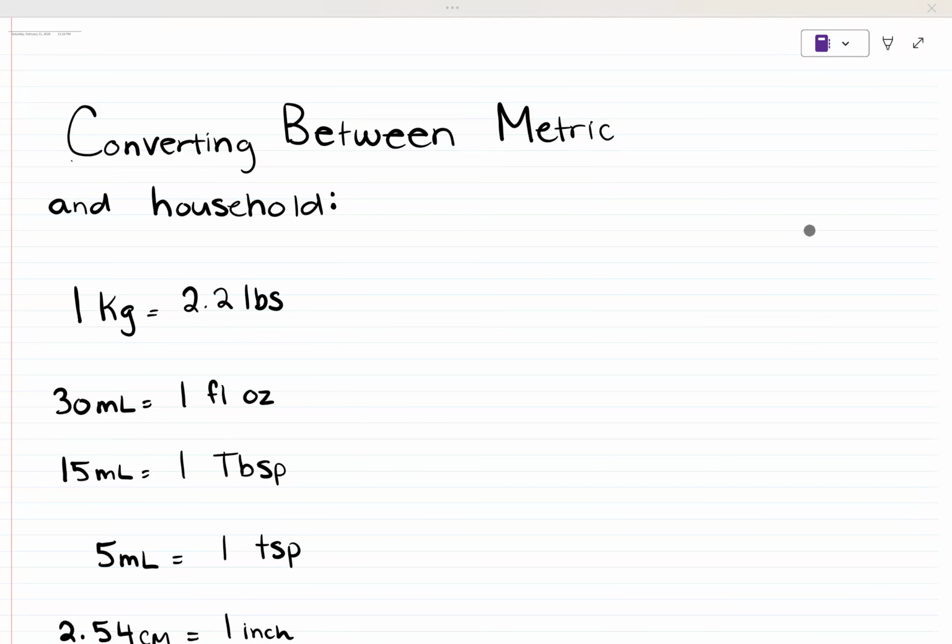In your notes, you can write these down or you could download the documents. Write these conversions. 1 kilogram is equal to 2.2 pounds. 30 milliliters equals 1 fluid ounce. 15 milliliters equals 1 tablespoon. 5 milliliters equals 1 teaspoon.